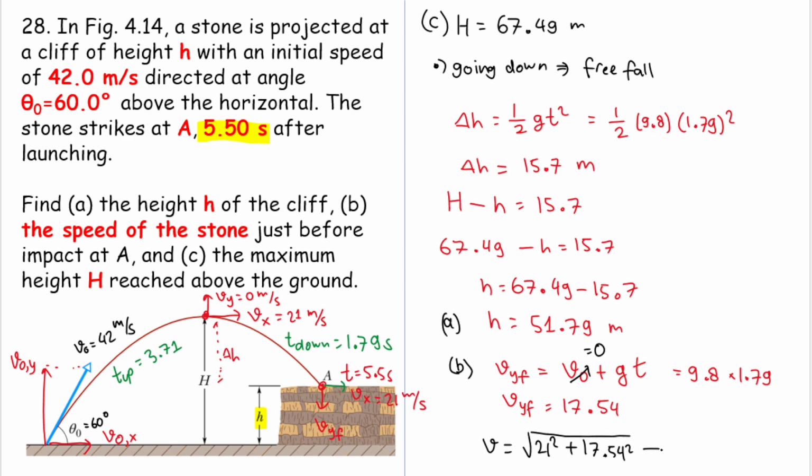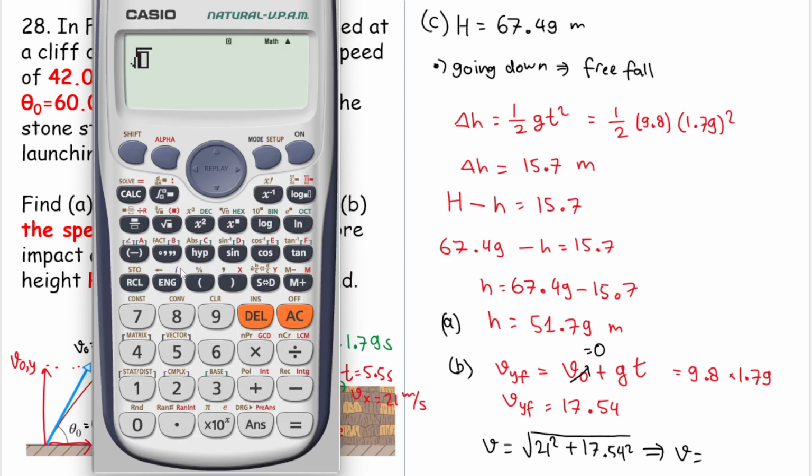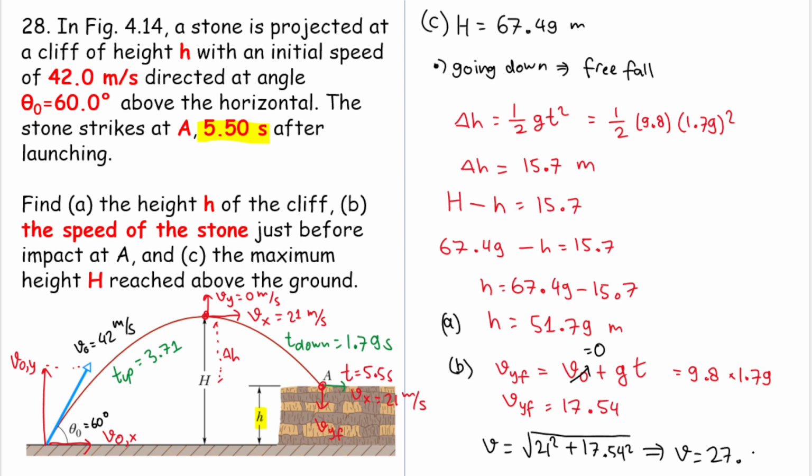That will be our final answer for question B. Let's calculate that: 21 squared plus 17.54 squared gives 27.36, and the unit here is meters per second.